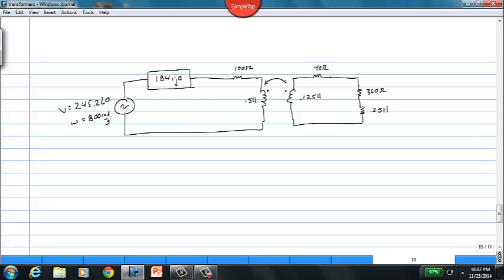Additionally, we know that the coefficient of coupling is 0.4. And for this, we want to find the reflected impedance, ZR. We want to find I in the primary side and I in the secondary side.